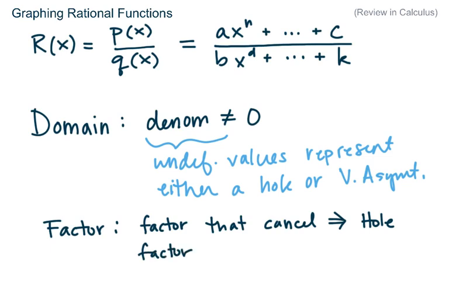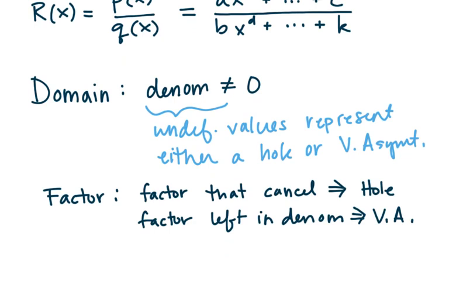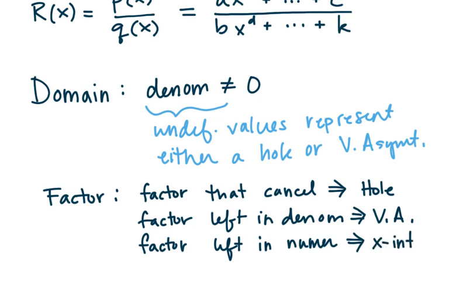Any factors that are left in the denominator would represent a vertical asymptote. And any factor that is left in the numerator, in the top, after we may or may not cancel, that's going to represent an x-intercept.